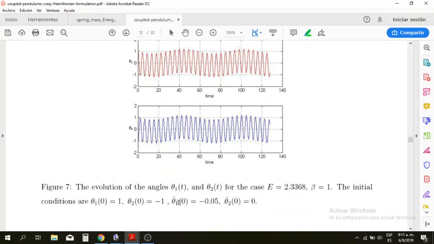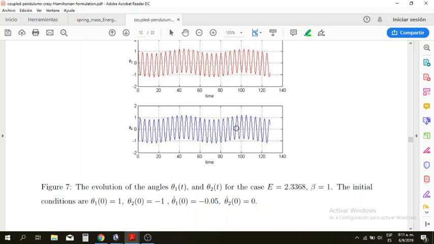The initial conditions are slightly different from the previous case, the second mode of oscillation. The initial conditions are theta 1 at time equals 0 equal to 1, theta 2 equal to minus 1, but theta 1 dot at 0 is equal to minus 0.05, and theta 2 dot equals 0.